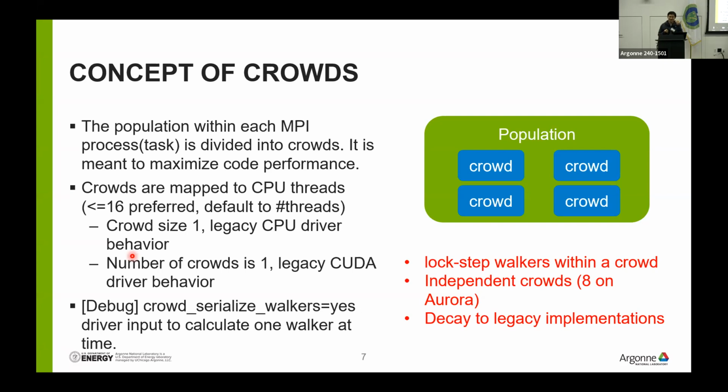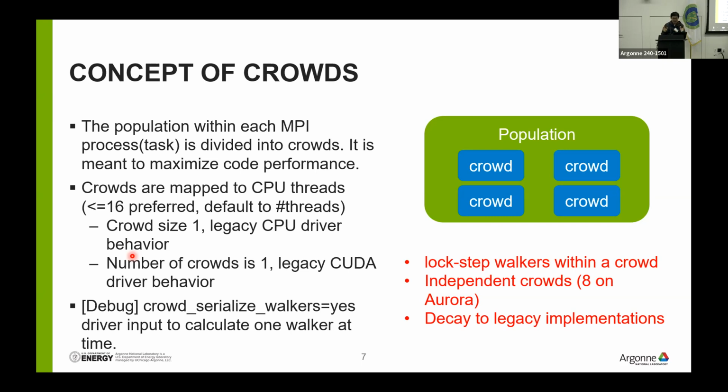And sometimes a thread, or a crowd, is working on some CPU business, preparing for a submission of a computation to the GPU. We don't want to leave the GPU idle, so independent crowds may submit work continuously to keep the GPU busy. That's the reason for using crowds to maximize GPU execution.